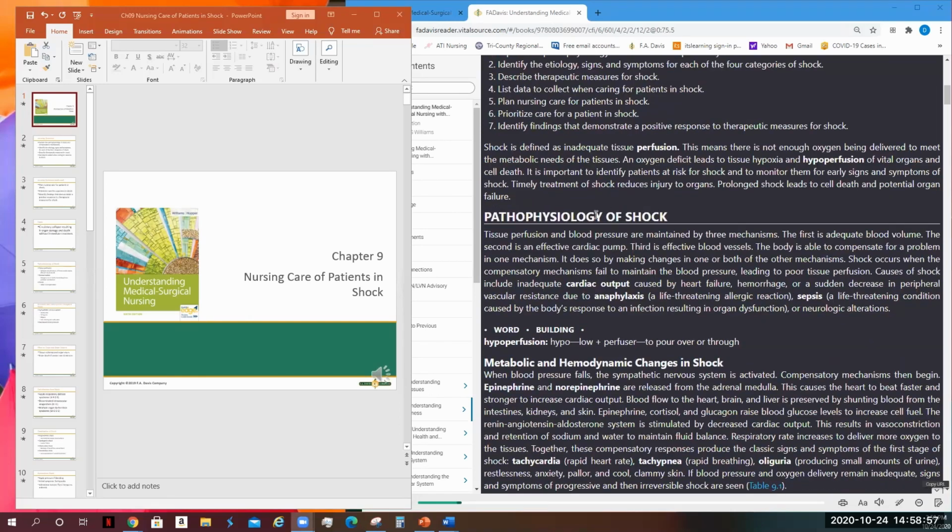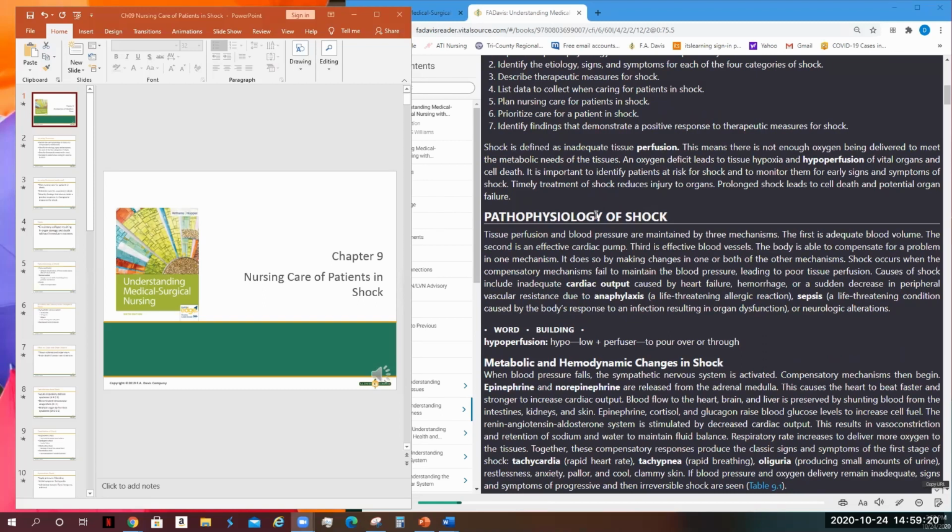Shock is defined as inadequate tissue perfusion. This means that there is not enough oxygen being delivered to meet the metabolic needs of the tissues. An oxygen deficit leads to tissue hypoxia and hypoperfusion of vital organs and cell death.